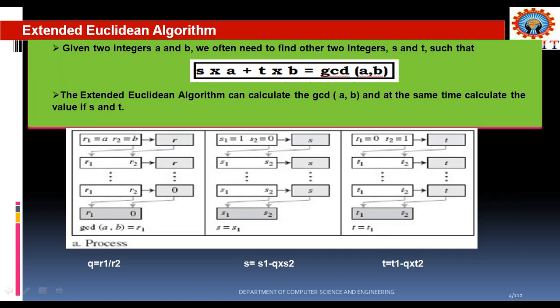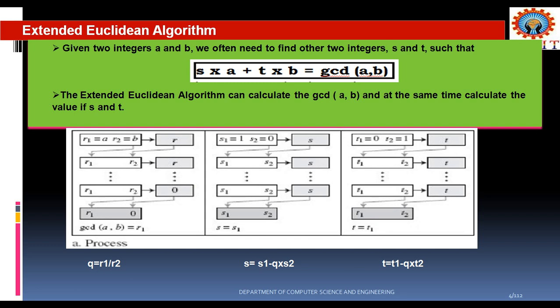Now come to the extended Euclidean algorithm. This is the extension of the Euclidean algorithm. Here we can find two more variables, s and t, along with the previous Euclidean algorithm.